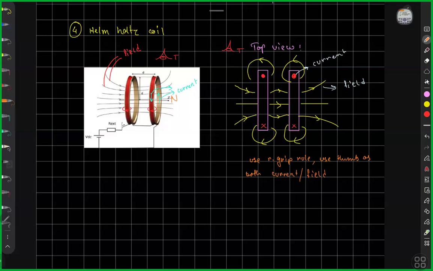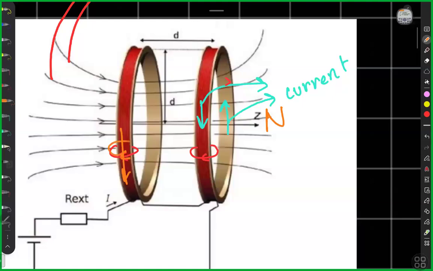So this is the Helmholtz coil that you typically have. And around this coil that you have, this wire itself has its own magnetic field, of course. So if my current is going downwards, right, here also downwards, the magnetic field around this coil is going in like this, and then coming out backwards.